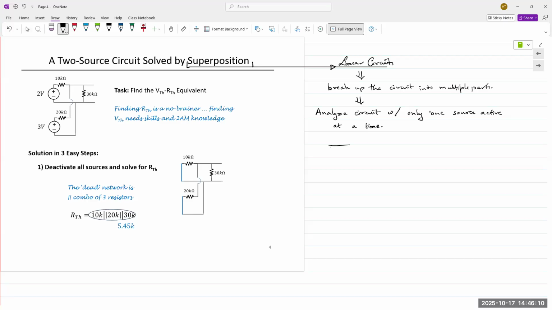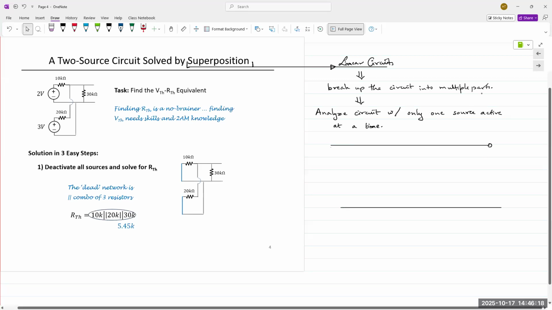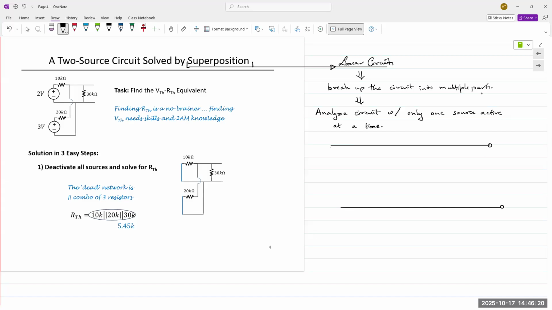We have terminal A at the top and terminal B at the bottom. What is connected at A? If I look at the very top, I have a 10 kilo ohm resistor, which is connected in series to a 2-volt source.